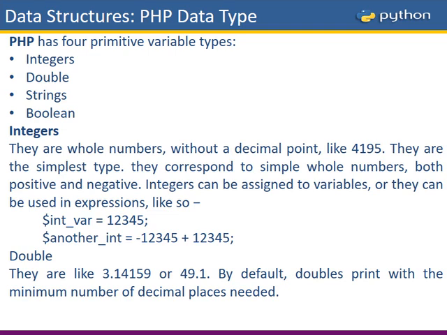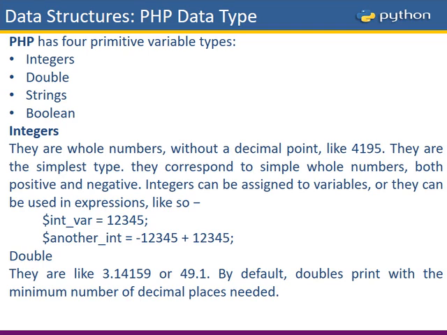They are the simplest type, and they correspond to simple whole numbers, both positive and negative. Negative integers can be assigned to variables, or they can be used in expressions, as we can see from the example below.